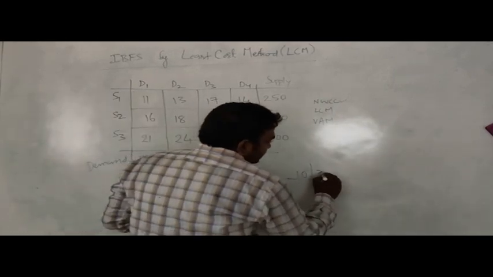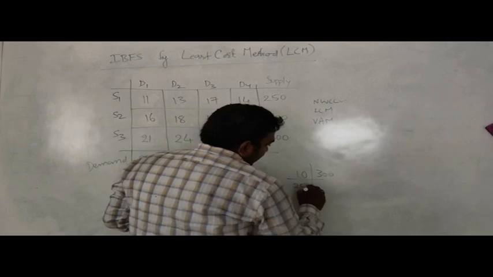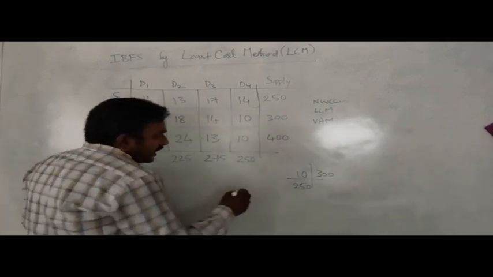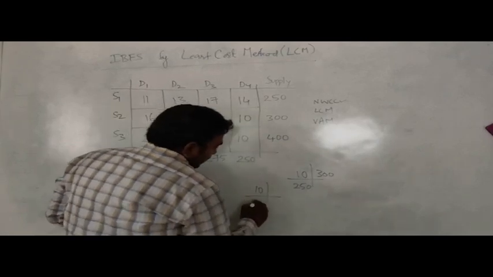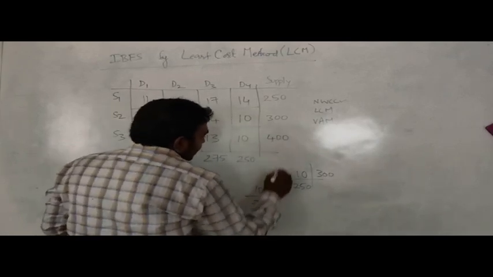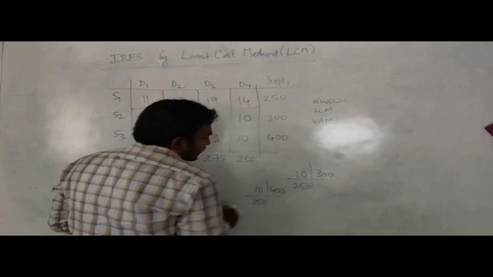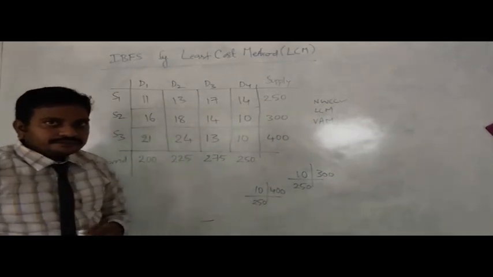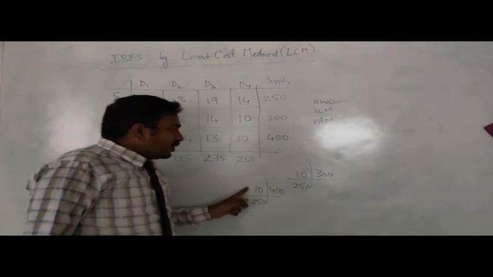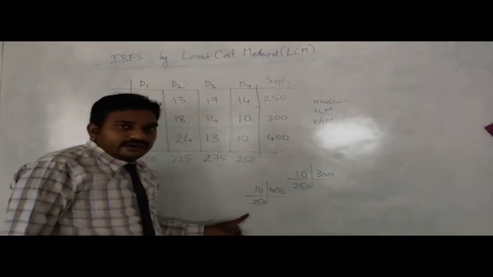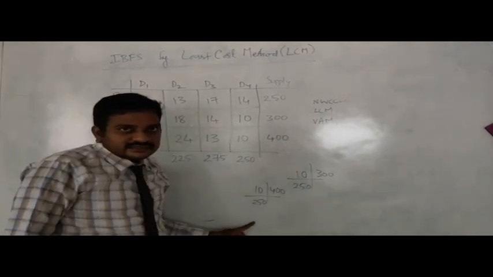Here the capacity is 200 and the requirement is 250. Another 10 here. Again the requirement is the same, 250, and the capacity is 400. Now these are two same costs with the same requirement, but the capacity changes.